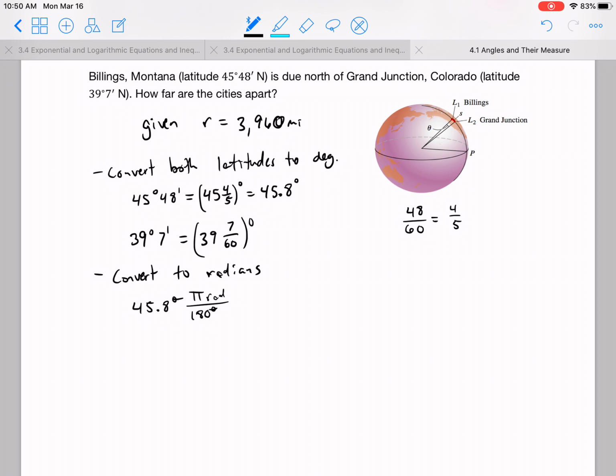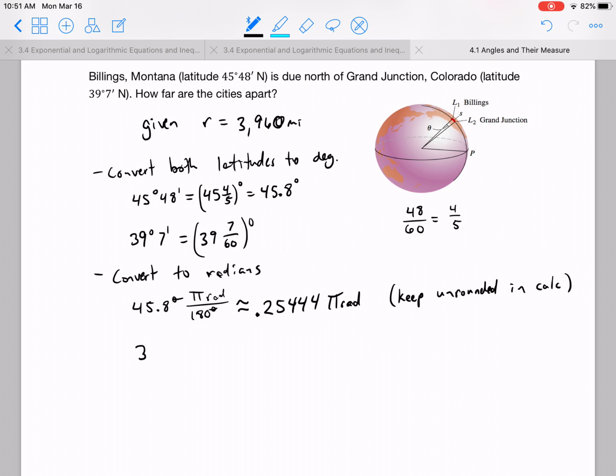Those will cancel, and we're going to get about 0.25444 pi radians. Now this is obviously just a rounded number, but you would want to keep the unrounded number in your calculator until you reach the end. All right, so store it or something like that, save it in a variable. Most calculators can do that, but keep that number where you can pull it back up there.